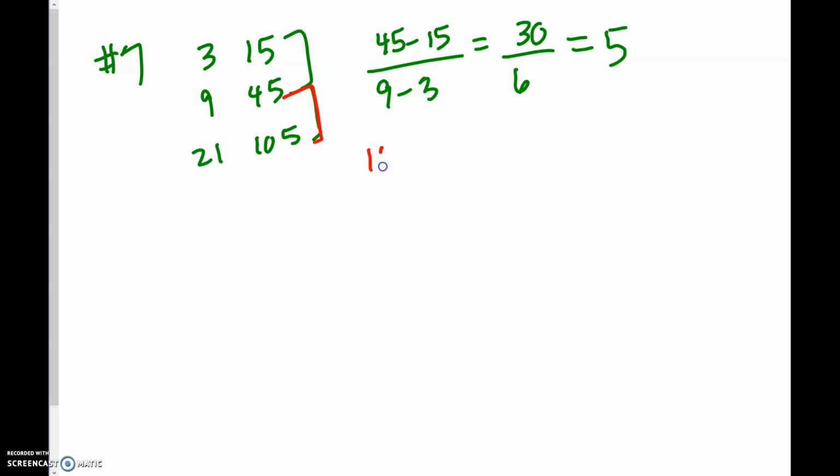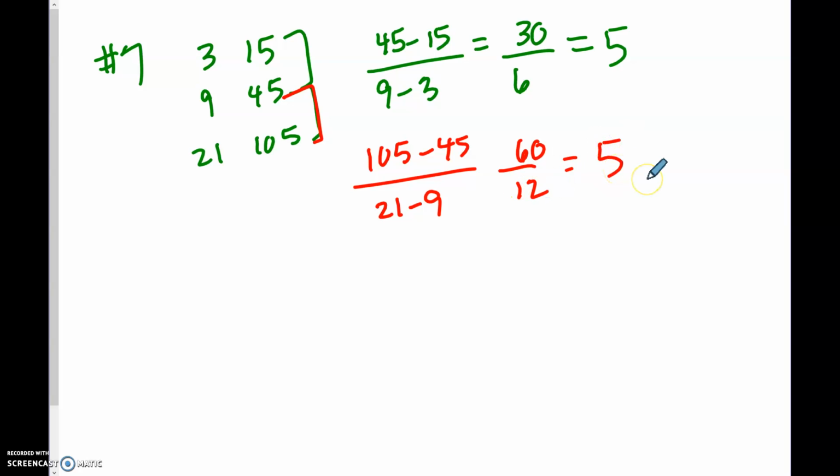So if we do 105 minus 45, and 21 minus 9. So we have 60 divided by 12, and that's 5. And because both of these are the same, this is linear. Okay, this would be linear.